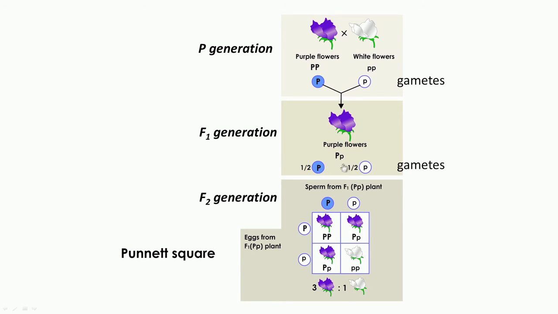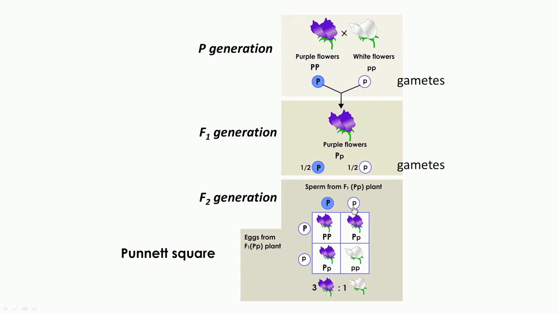And the gametes from this would have, half of them would have capital P and half of them would have small p, and therefore in the F2 generation, if you look at all possibilities, this is, let us say, from the sperm of the plant and this is from the eggs of the plant, capital P small p, capital P small p, and the combinations would be both capital P's.